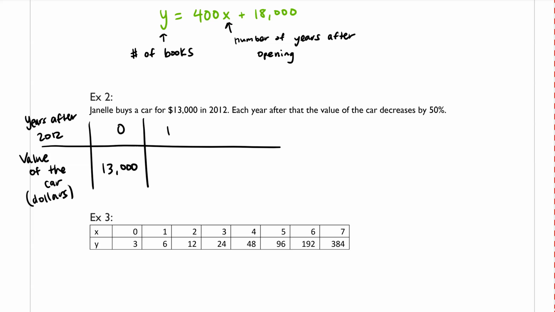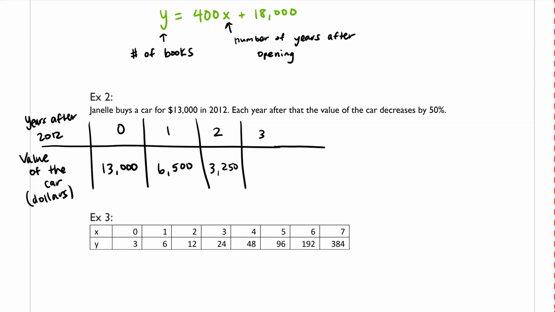And then the following year, if it decreases by 50%, then we would have the value of the car being 6,500. And then the following year, it would be 3,250.